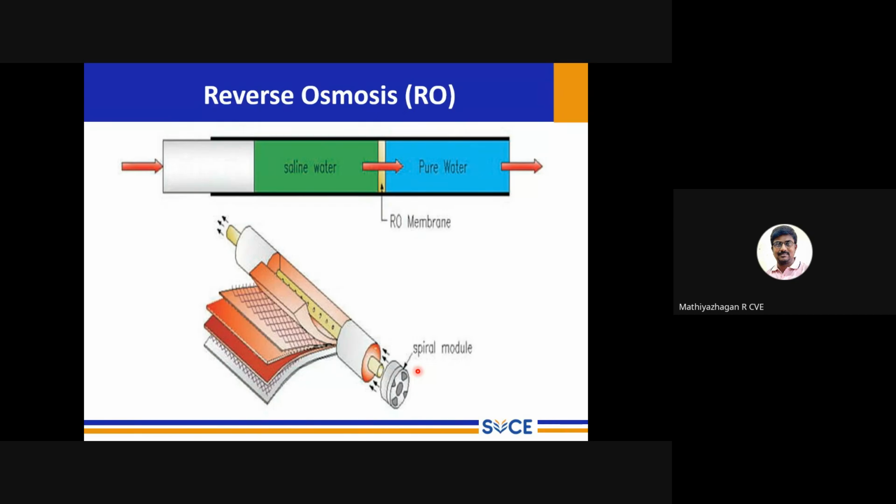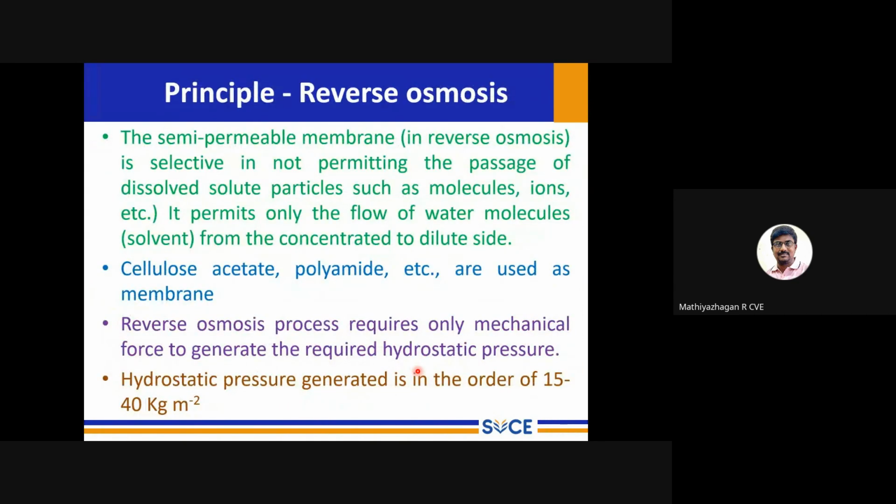Here in reverse osmosis, we are reversing the osmotic pressure. That is, we are applying pressure on the higher concentration side. Because of the high applied pressure, the water passes from the higher concentration side to the lower concentration side. That is, water alone is passing.